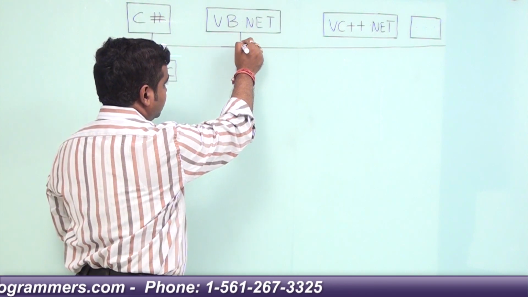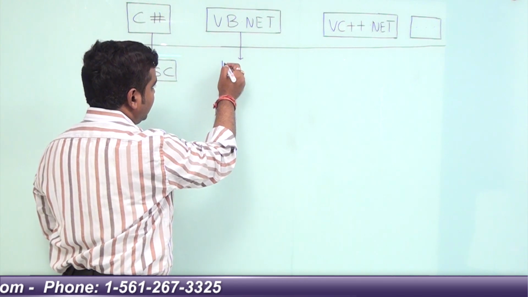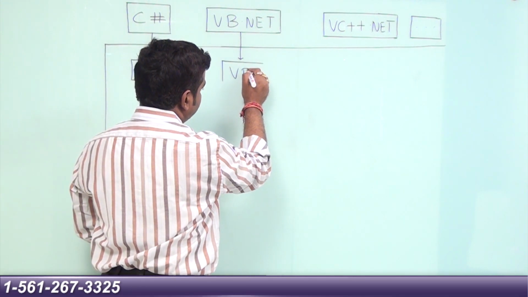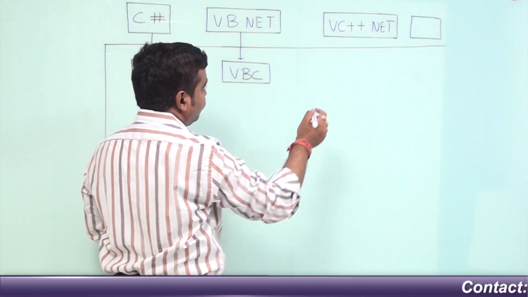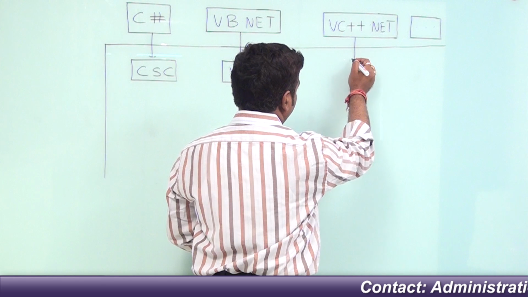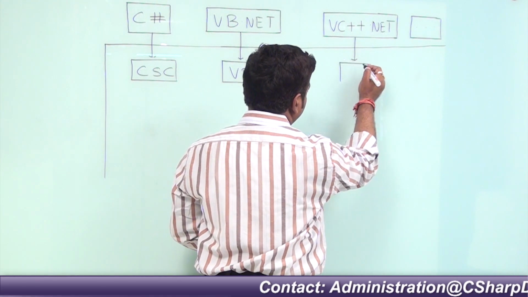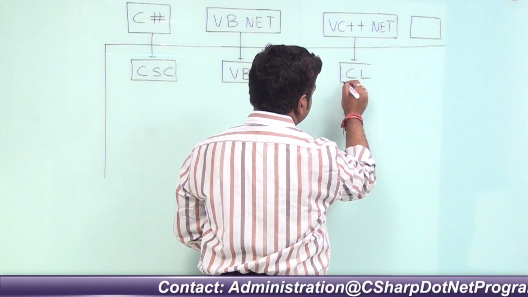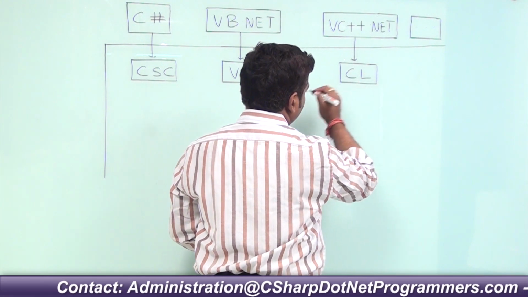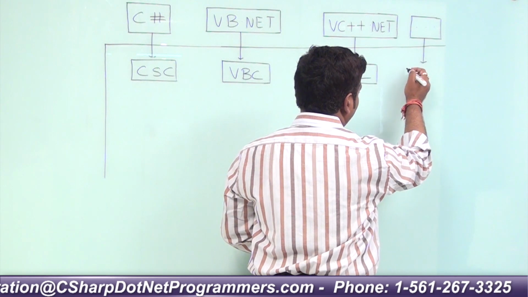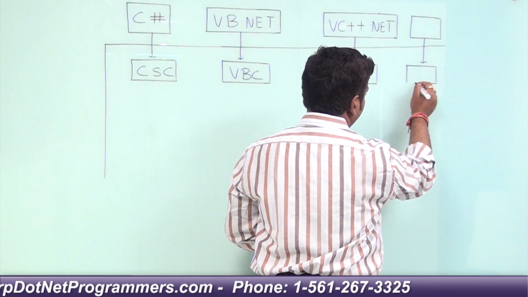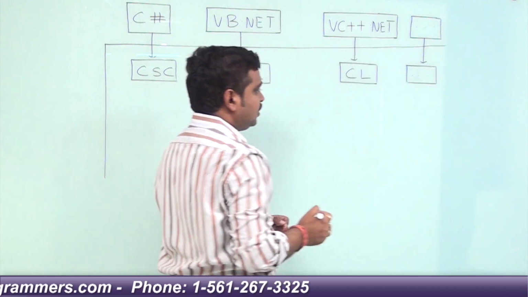VB.NET supports a compiler VBC, and for VC++ we have a compiler called CL. In the same manner, every language will be provided with compilers.